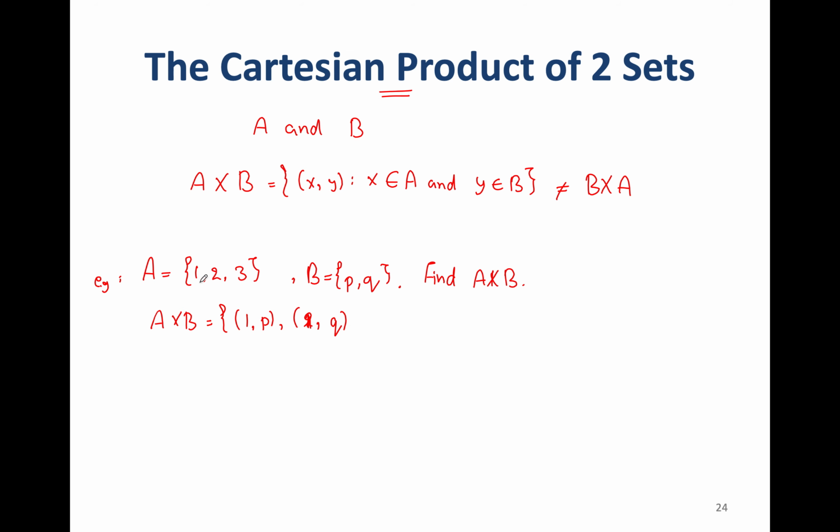So I take the first element and pair it with each element of the second set, then we go for the second, which is 2P and 2Q. Then we got 3P and 3Q.